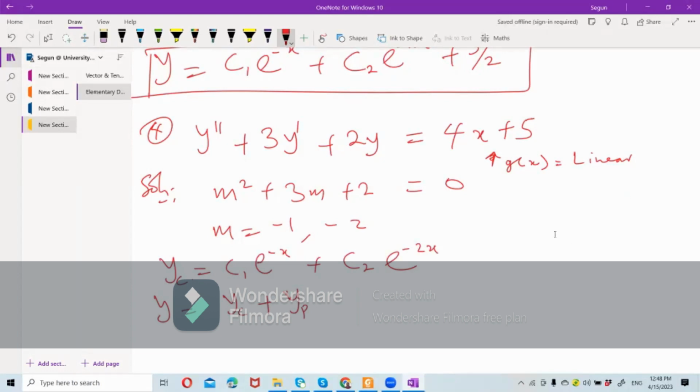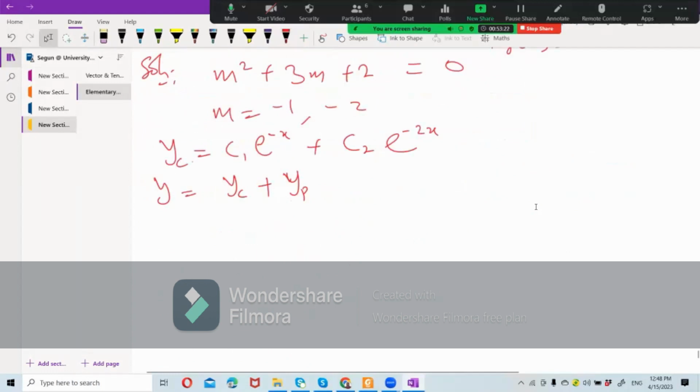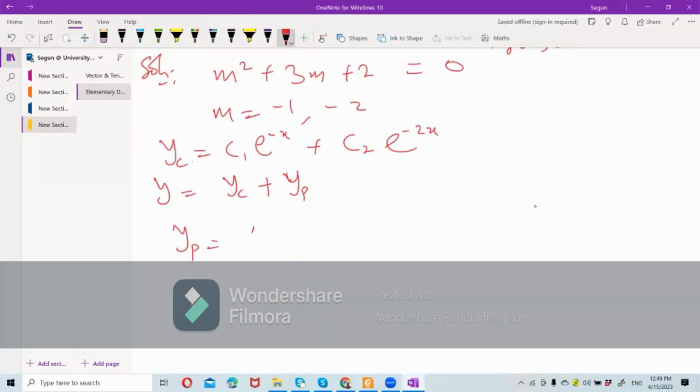What is your yp? Our yp will be, so you first of all write our g of x, which is the same thing as 4x plus 5. So we now have our yp to be ax plus what?